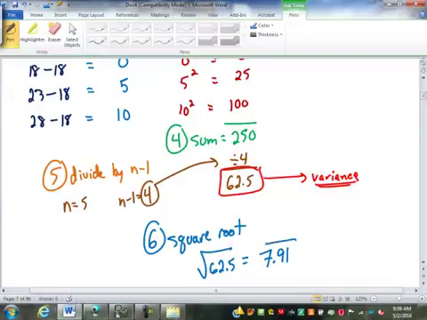We'll go to 2 digits on our standard deviations. My math lab may tell you otherwise, but if it doesn't say, you go to 2 digits. So 7.91, what that's saying is on average, each number is 7.91 from the mean. That's the average distance from the mean.